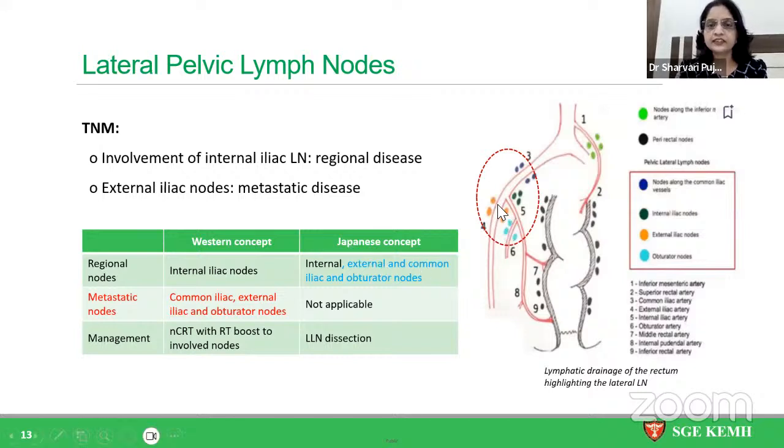However, the external iliac, common iliac and obturator groups of lymph nodes are considered metastatic according to the Western concept, and TNM also considers them metastatic, whereas the Japanese consider the same as regional only.